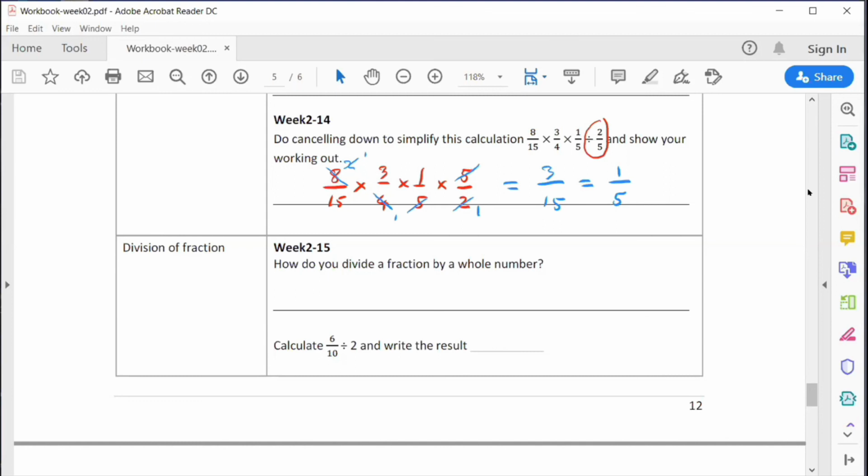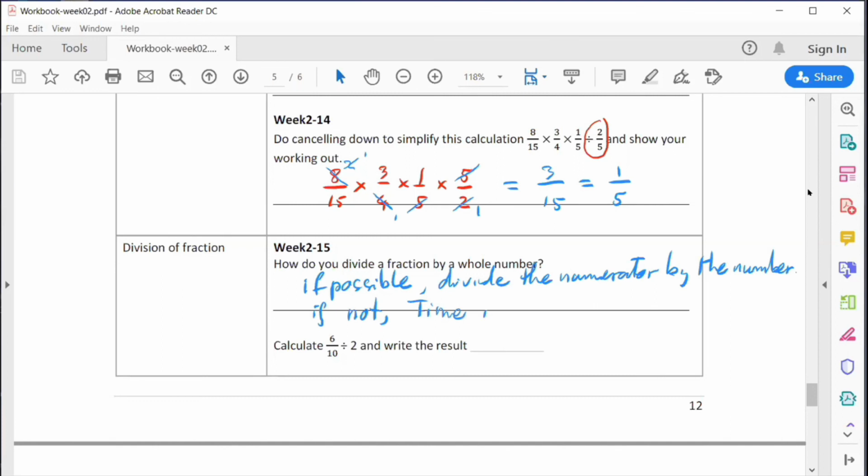Now, if not, you times the number with the denominator.